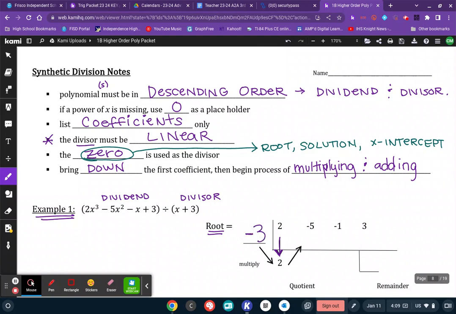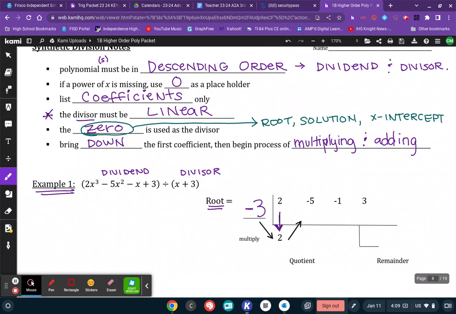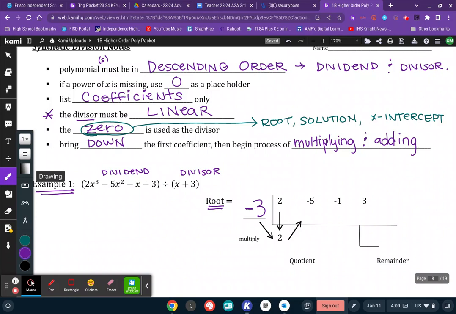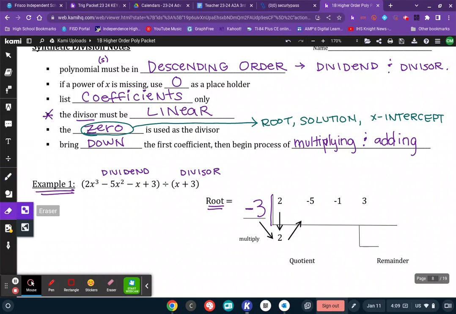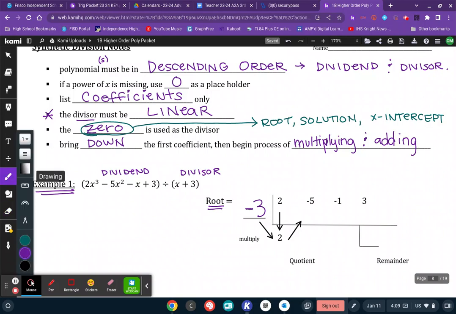So from here, I set up a little box system. Basically, you'll start out by listing the root, and then you will list the coefficients in your dividend. So that's where these things are coming from.